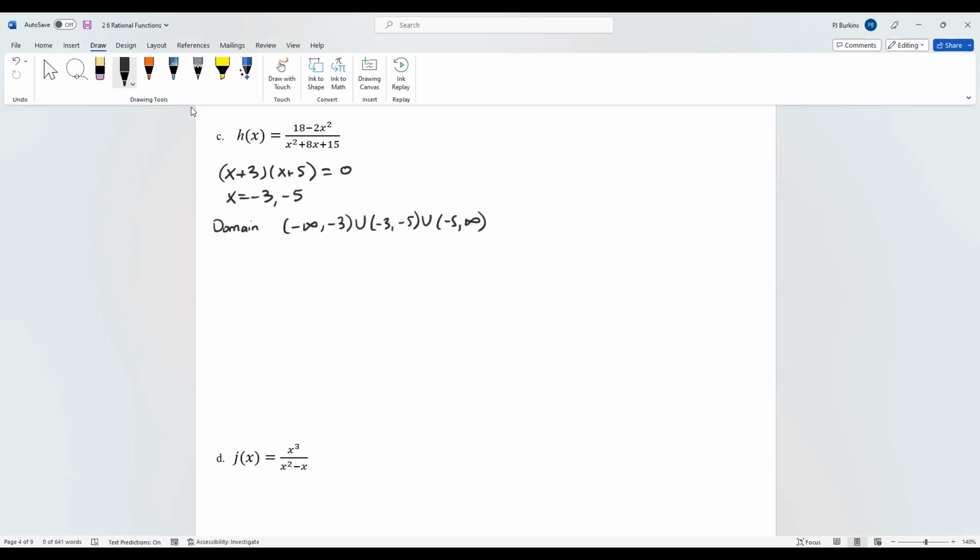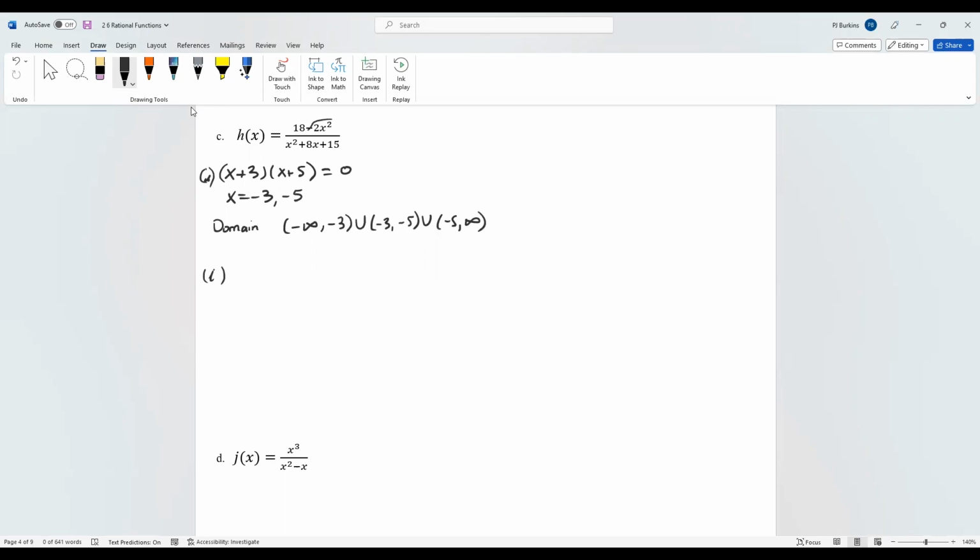Now, again, we can expect there to be an asymptote or a hole at those two values. All right, let's continue. Next, we want to know what is the horizontal asymptote. And that's dependent on the degree of the numerator and denominator.